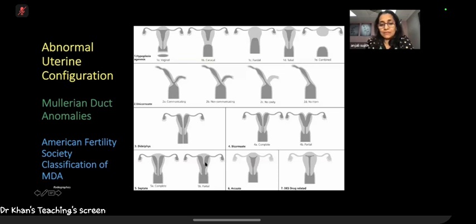Now, how do you differentiate between didelphys, bicornuate, and septate uterus? So here comes the key factor. It's the fundal contour, external uterine fundal contour, that decides which is which. So if you look at didelphys uterus, you can see the external contour.